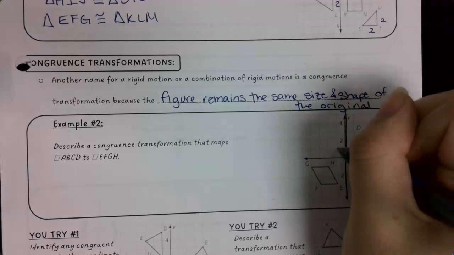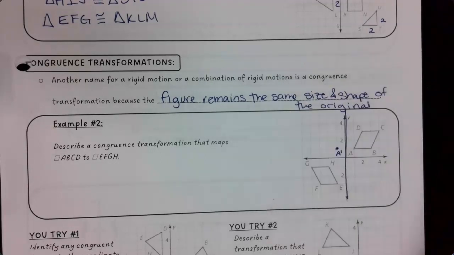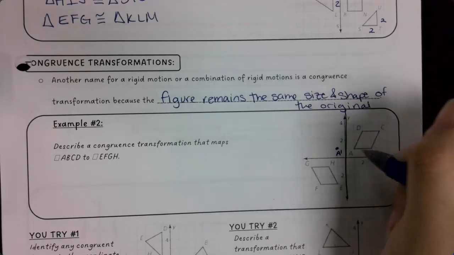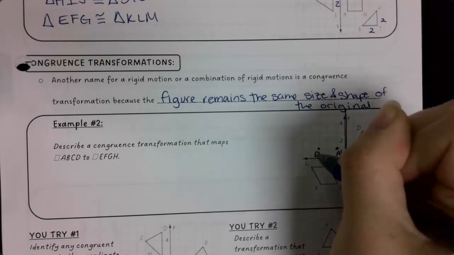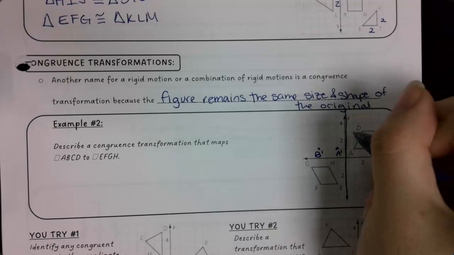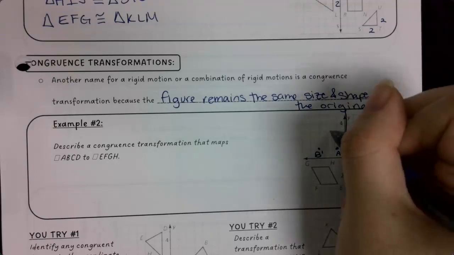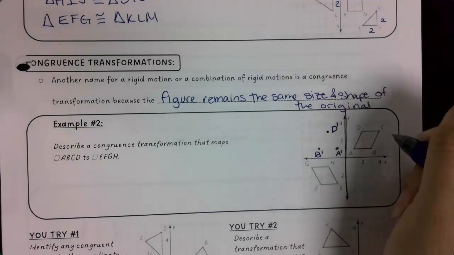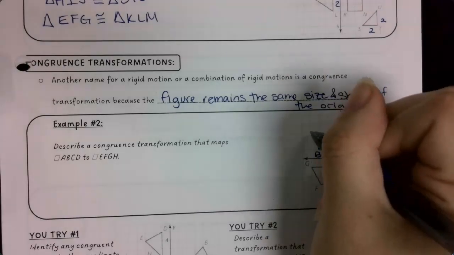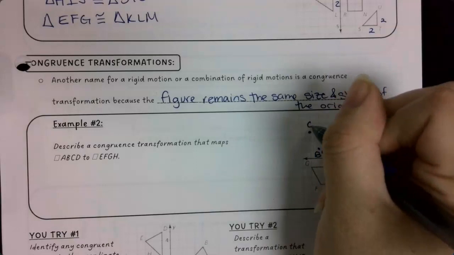A is 1 away, so my A prime is going to be 1 away on the other side. B is 3 away from that line, so I go 3 to the left for my B prime. D is 2 away, so 2 to the left for my D prime. And C is 4 away, so I go 4 to the left for my C prime.